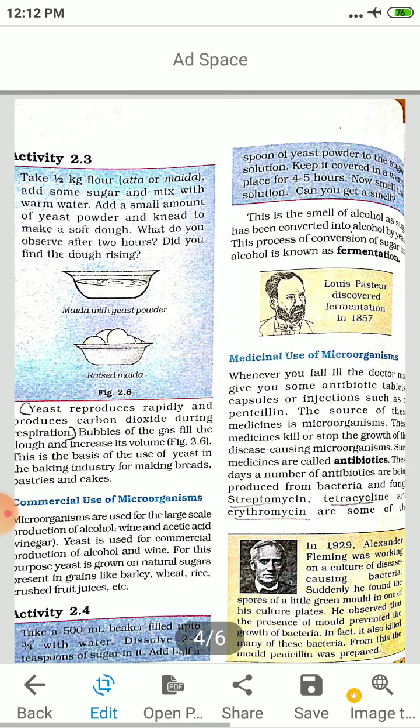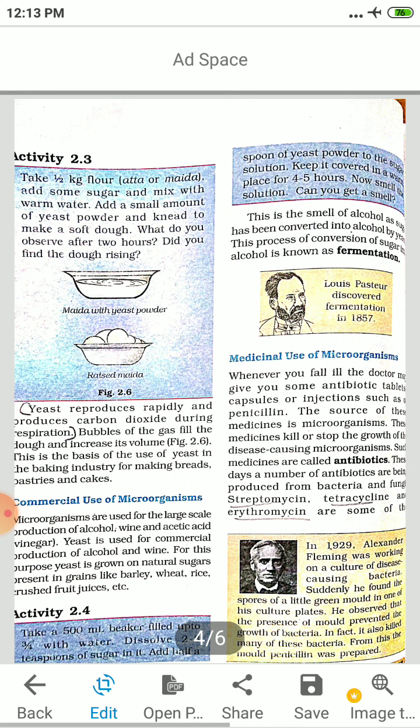For this purpose, yeast is grown on natural sugars in grains like barley, wheat, rice, crushed fruit juice, etc. This is the smell of alcohol. A sugar has been converted into alcohol by yeast. This process is fermentation. So, conversion of sugar to alcohol, that process is fermentation.